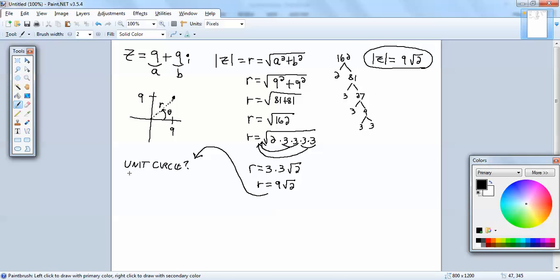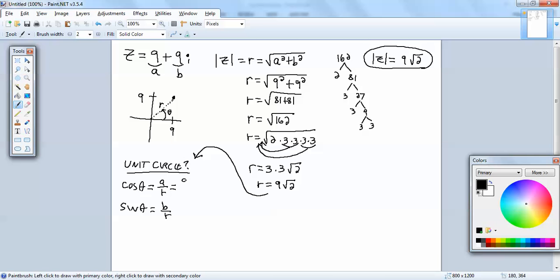And how we do that is we plug them into our formulas. We got cosine theta is equal to x over r, and x is a, so a over r. And we got sine theta is equal to y over r, or b over r, for these on this notation. Let me see. A is 9.